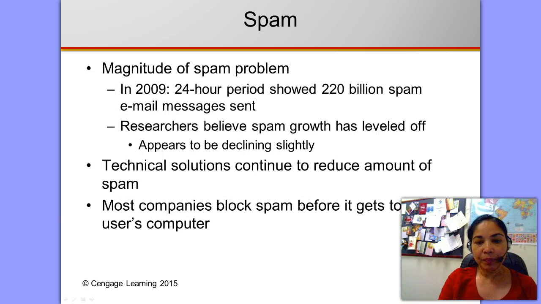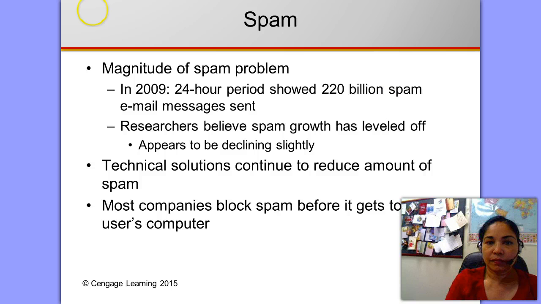The problem of unsolicited commercial email, also called spam, has grown drastically in recent years. Content filters can deal with the problem. Organizations are using a combination of server level filters and client level filters to reduce spam to tolerable levels.